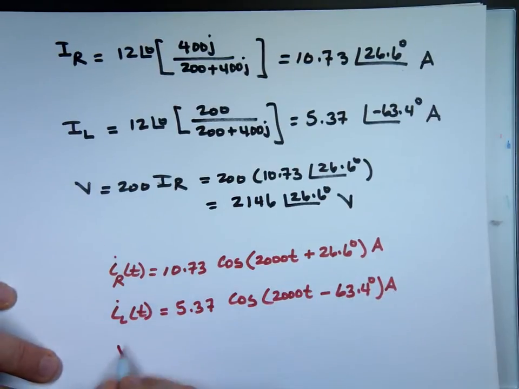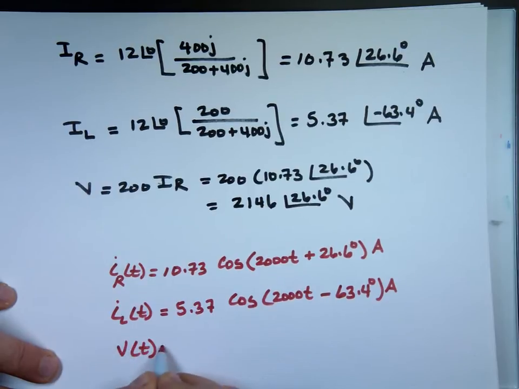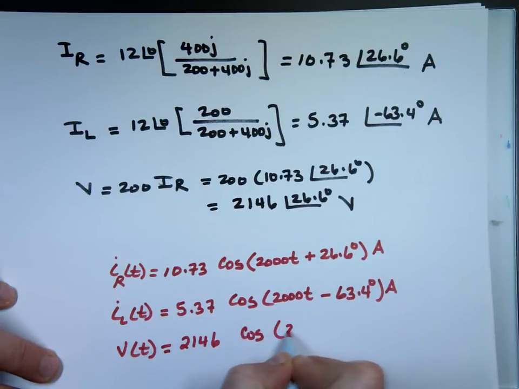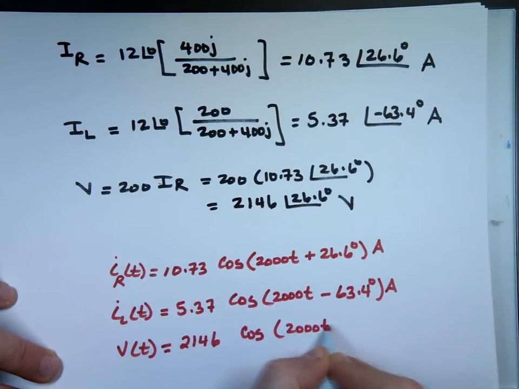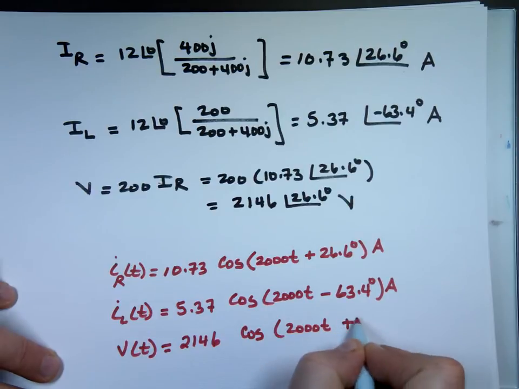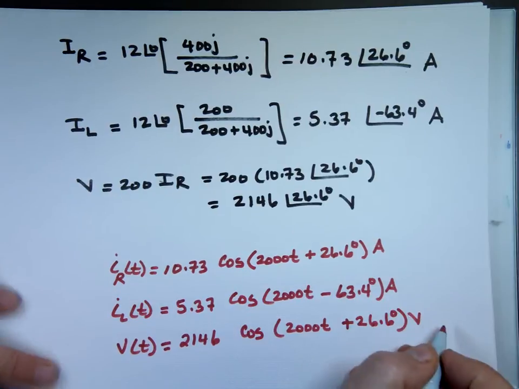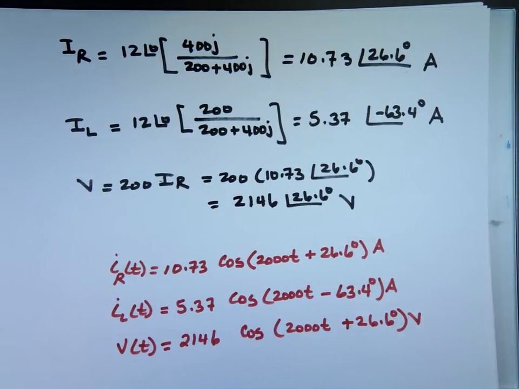What's the voltage as a function of time? 2146 cosine 2000 T plus 26.6 volts. These as a function of time.